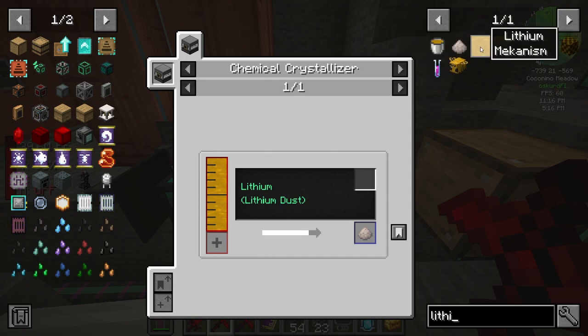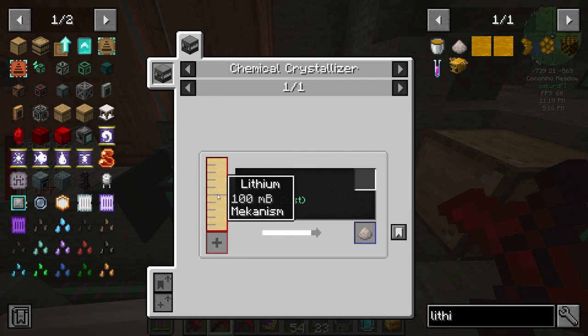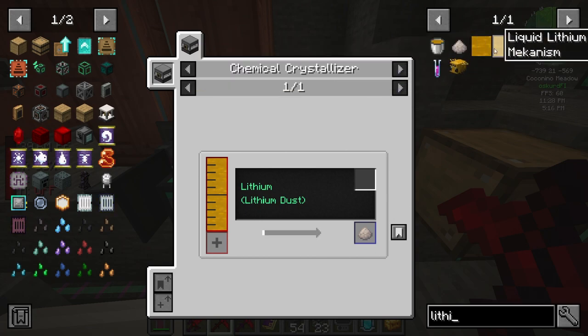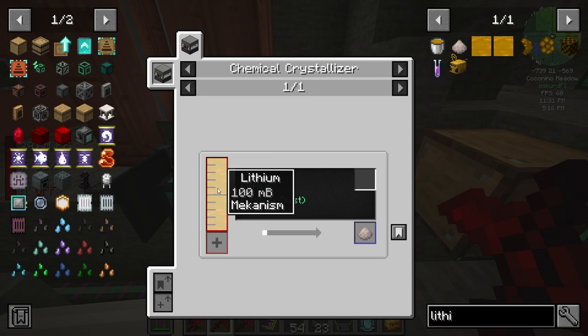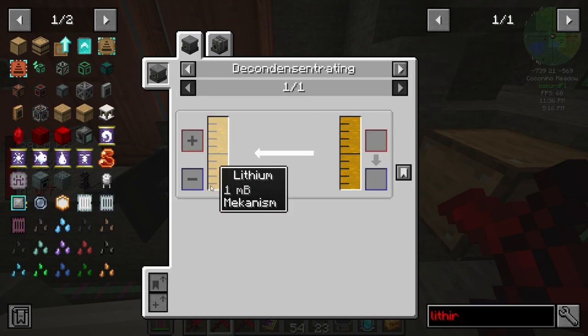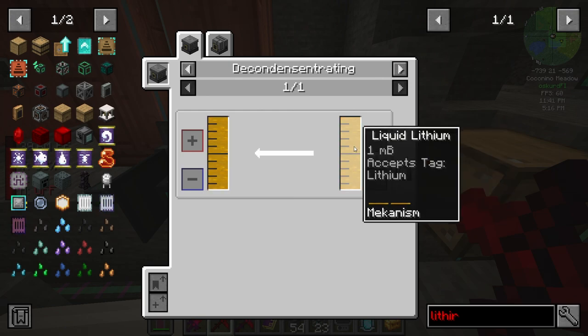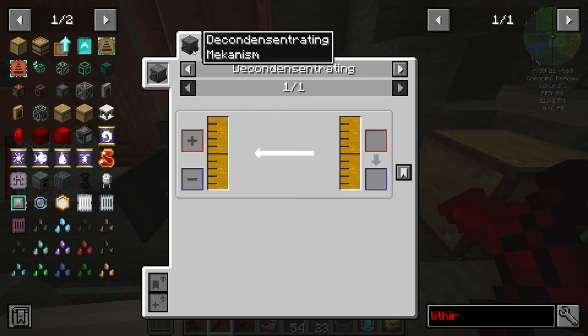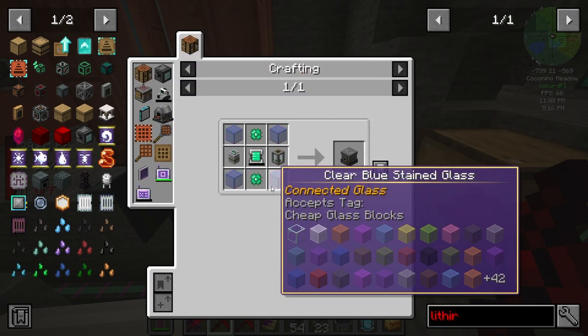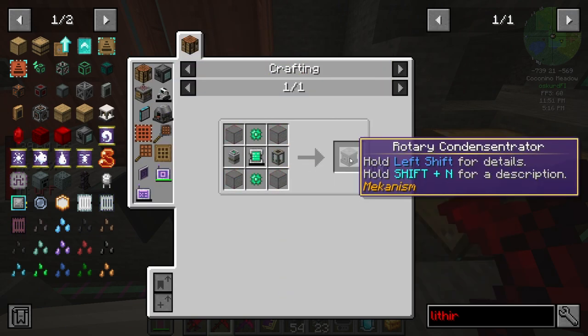Liquid lithium. Oh, so lithium itself is a gas. It can't be, it's not a gas. But we need one machine between this, which is this one, which is super simple to make-ish. Yeah, it is. We need to make it.